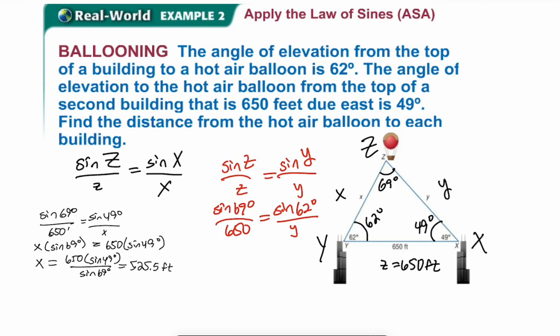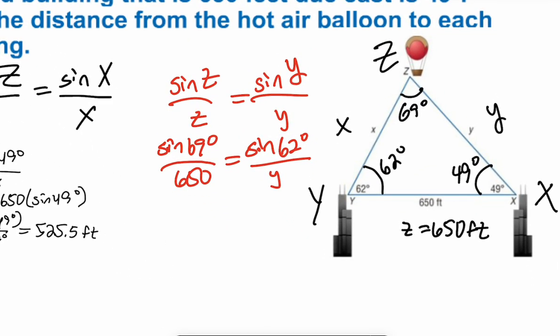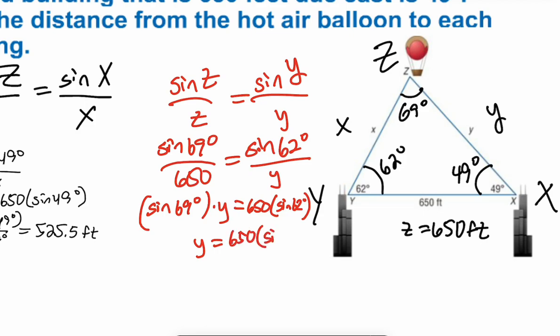Now let's go ahead and cross multiply. We get the sine of 69 degrees times y equals 650 times the sine of 62. So remember, whatever's touching that y is multiplication. To get rid of it, we're going to divide. So it's going to be 650 times the sine of 62 over the sine of 69.